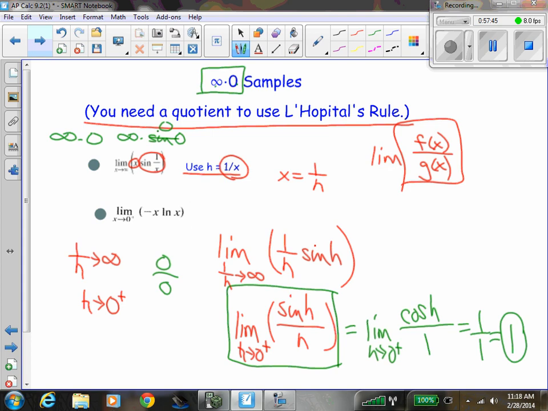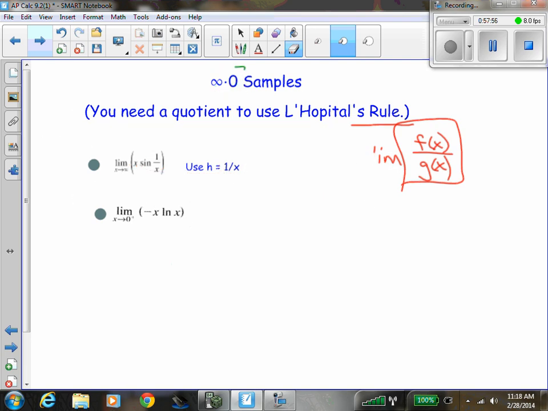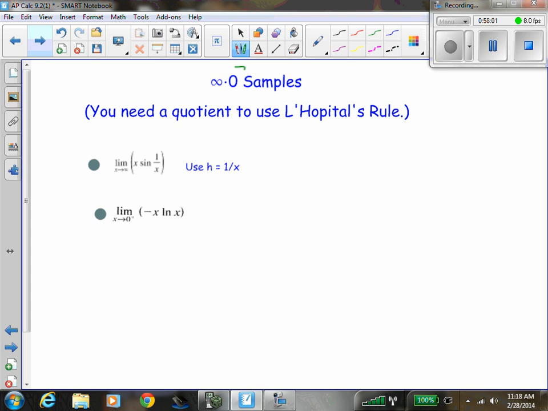Now, on this same one, I want to show you a different way to do the same problem so that you have more methods of attack. All right. Suppose that you didn't think about using this h equals 1 over x thing. If I have to create a quotient here, then do you see that multiplying by x is the same as dividing by 1 over x?